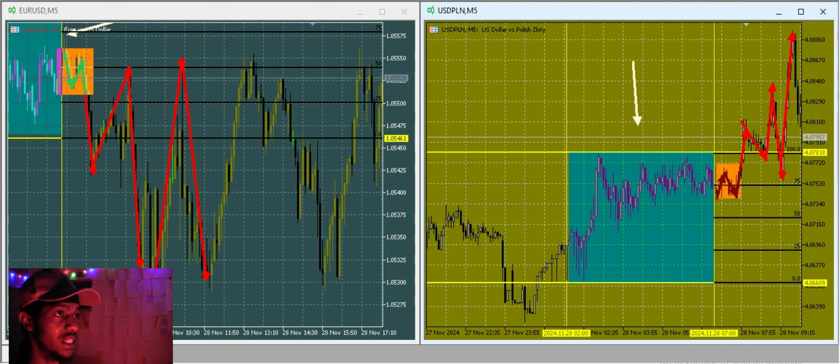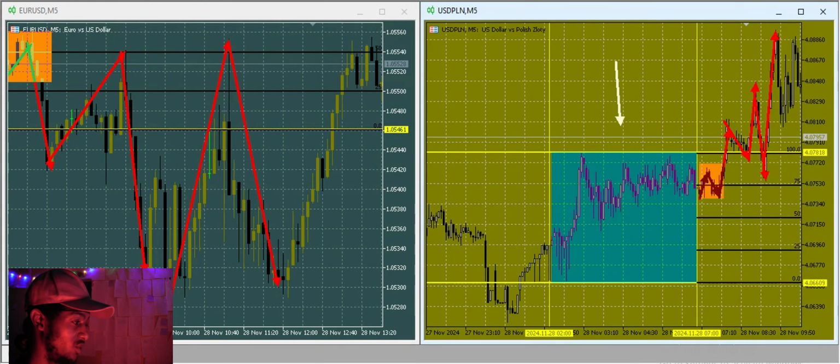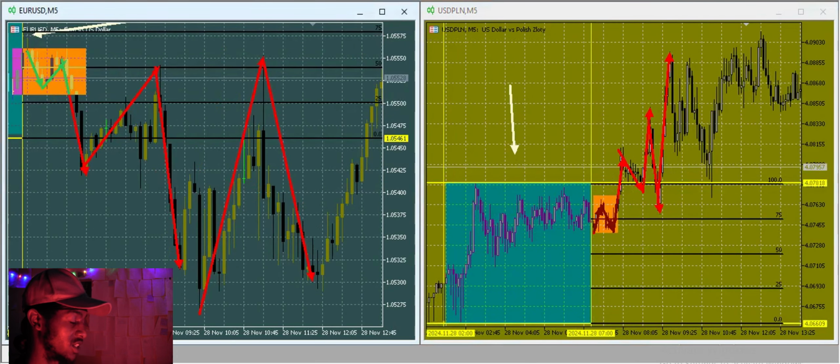For the Euro USD, I know that's probably at around 96% positive correlation, and then the USD Polish zloty being a 98.5 negative correlation as according to the Euro USD. But as you can see, movement isn't really the same, but the characteristics will literally show you where the market is moving as according to the correlations.